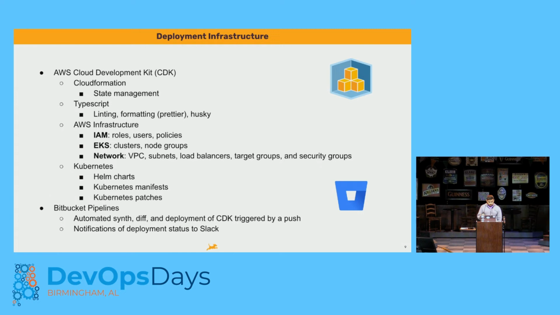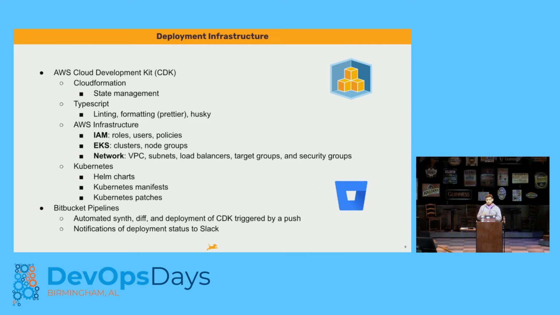And then for the actual automation portion, we're using Bitbucket pipelines. Bitbucket pipelines will kick off on a git push, and then it will do a CDK synth, which is basically like a build. It'll compile the output of what the CDK CloudFormation templates are. It'll do a diff, so compared to what's actually deployed versus what's going to be deployed.